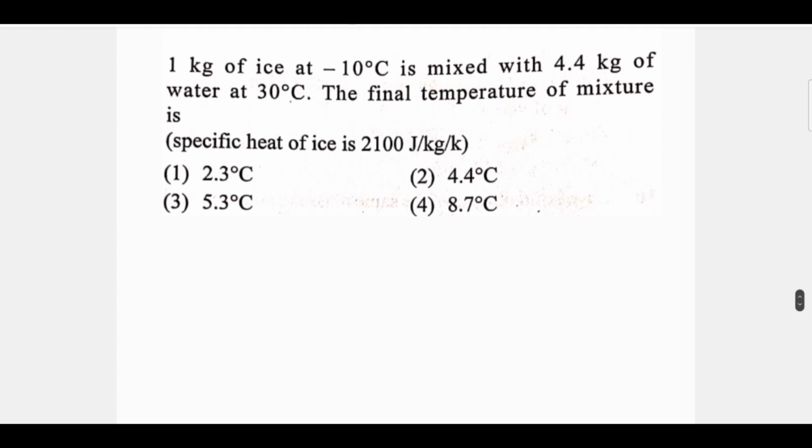Now, when this type of problem comes, there is a first step. Always do that step. The step is that you have to find how much heat can be released. Students, please note this concept.